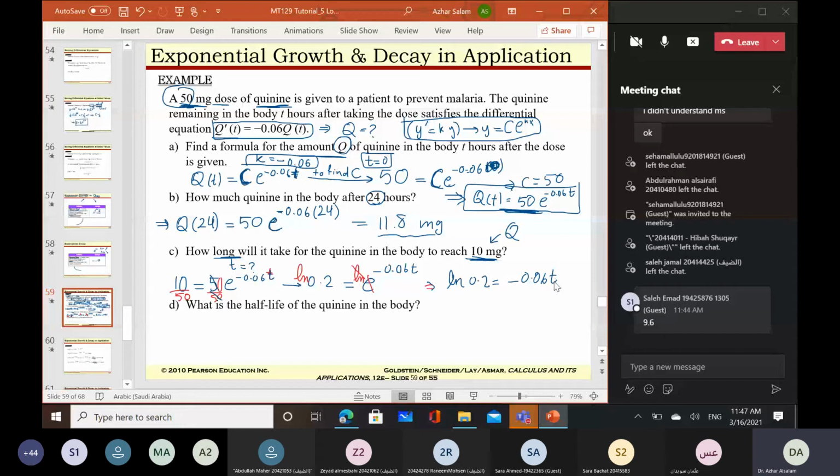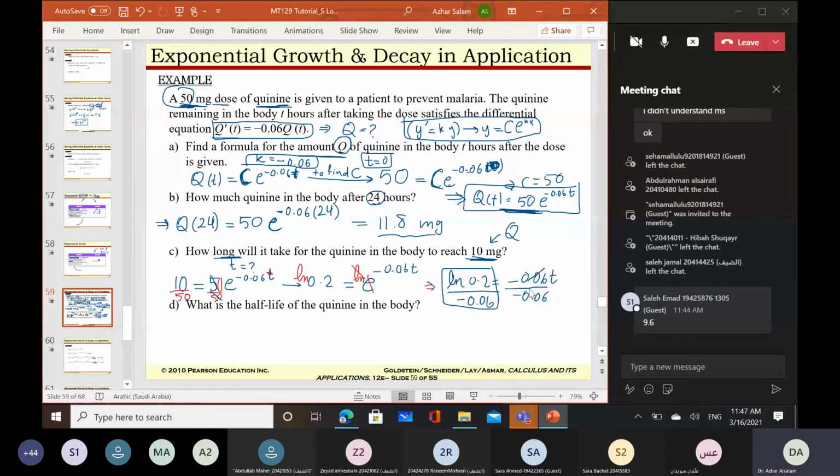Now to find only t, I will divide by this coefficient. I will divide both sides by minus 0.06. So t is equal to this amount.